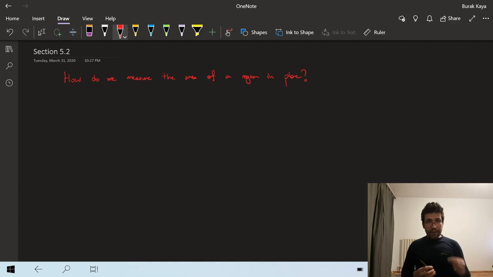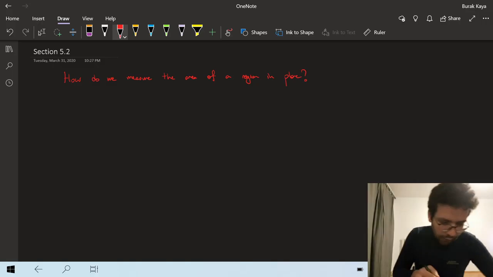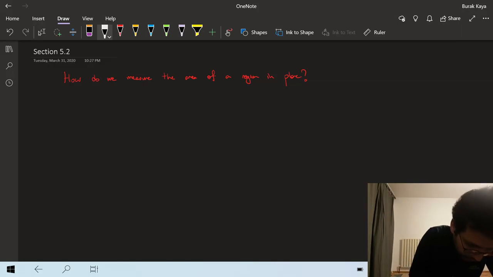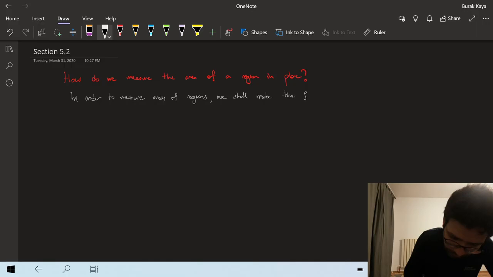Now we're going to try to do the exact same thing for area. So in order to measure areas of regions, we shall make the following assumptions regarding the notion of area.